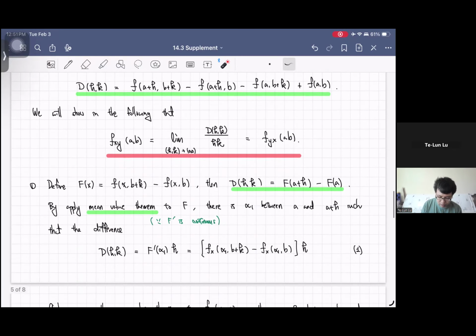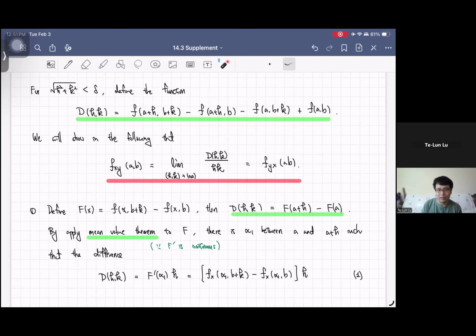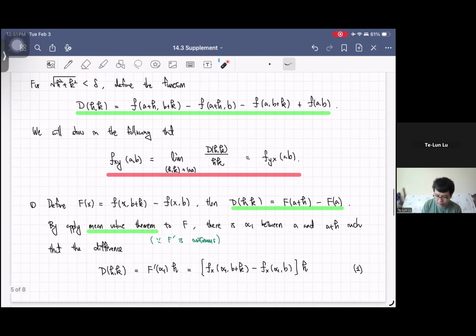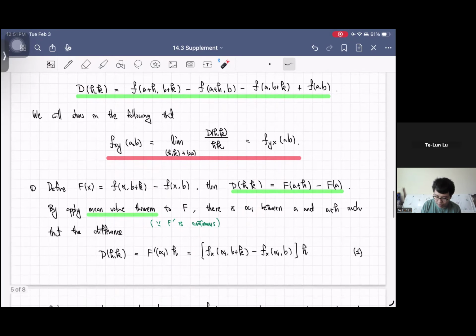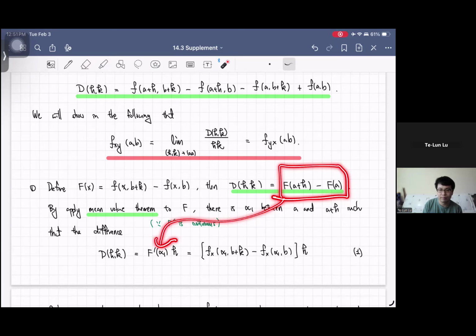So basically we can now apply the mean value theorem. In this case, we have some alpha 1. I use 1 for some reason; let us see that afterwards. So you have alpha 1 between a and a plus h, so that this can be written back as F prime of alpha 1 times h. That is directly what the mean value theorem means, right?